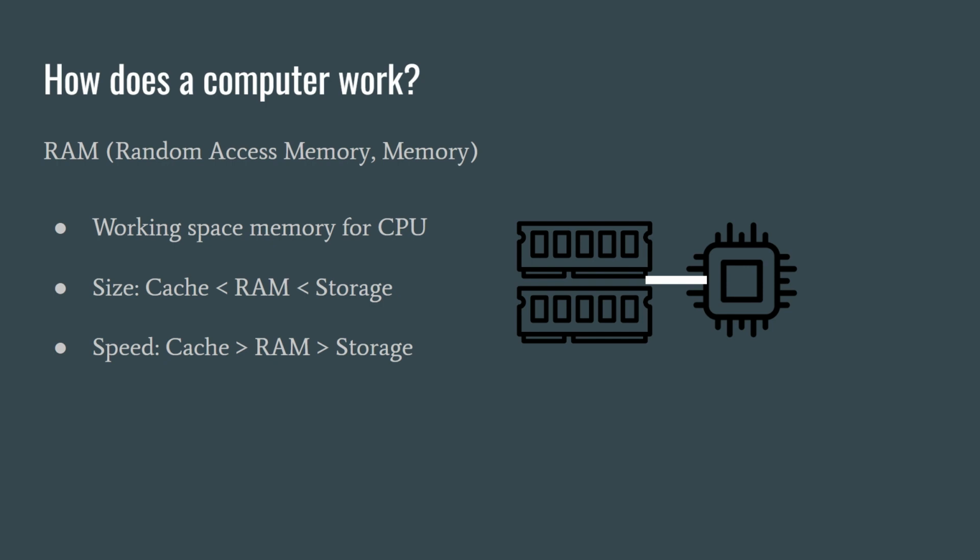The RAM is important because it's where all the applications get loaded into, and where a lot of data is stored while you're using your computer. And then storage is the slowest, so we'll talk about that in a second. But the RAM is in the middle there. It's the middle amount of size and speed.